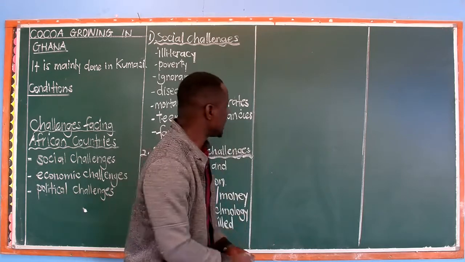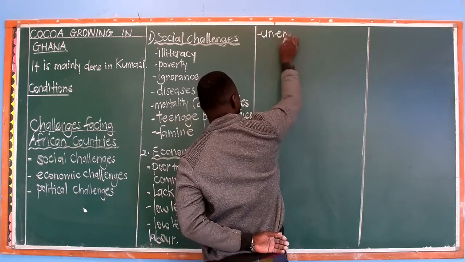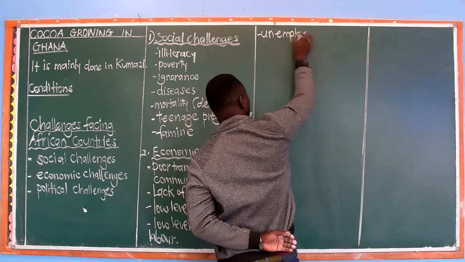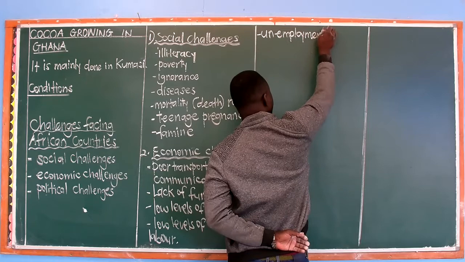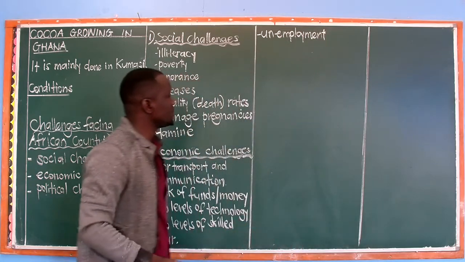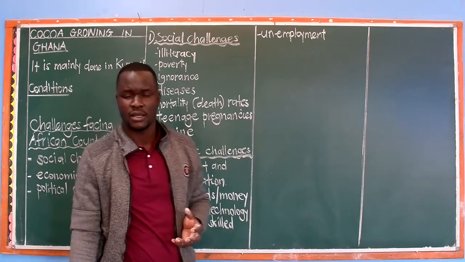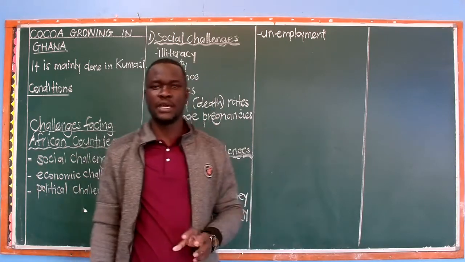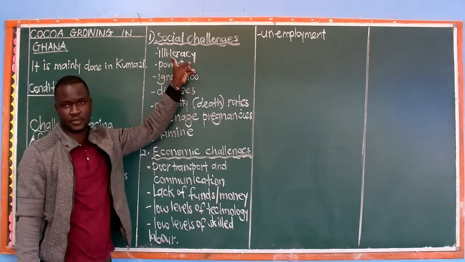There is a very serious problem of what we call unemployment, which means people do not have enough jobs. And sometimes this happens because of illiteracy.